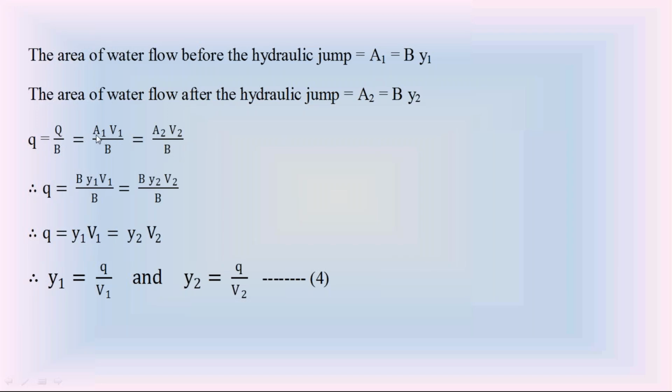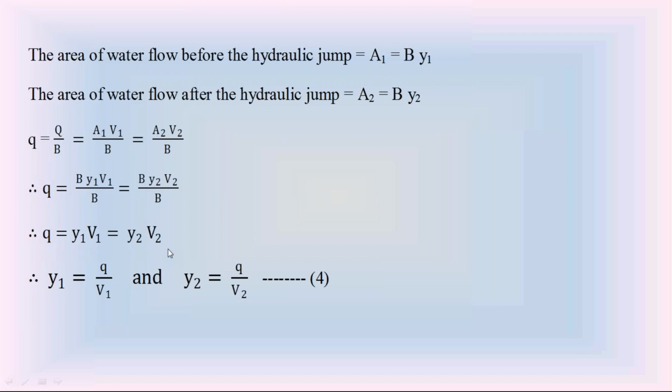Since the channel is rectangular, A1 is equal to B into Y1 and A2 is equal to B into Y2. Substitute them in the right hand side, then small q is equal to B into Y1 into V1 by B, that is equal to B into Y2 into V2 by B. Cancel this B in the two terms, then the discharge per unit width small q is equal to y1 v1 and also y2 v2.